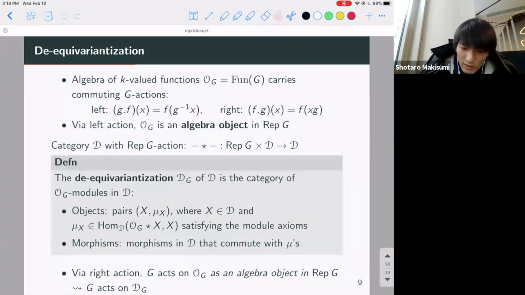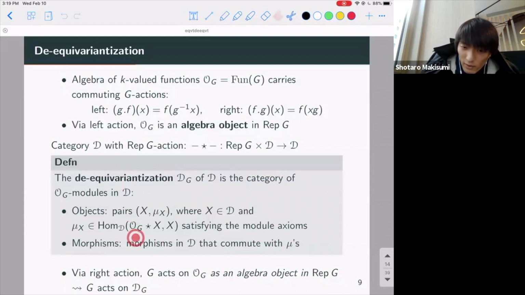So more explicitly, what is an OG module? Well, it's an object X in D together with some action morphism. And this action is, well, if you just think about the definition of a usual module, it should be OG acting on X to X, a morphism in D. And this makes sense because it makes sense to ask that this satisfies, for example, the associativity axiom, because OG is an algebra object.